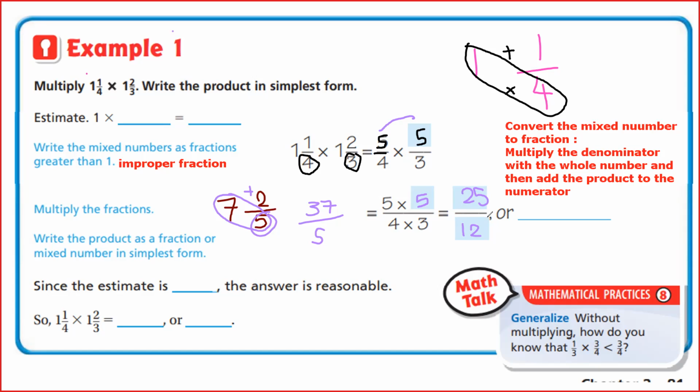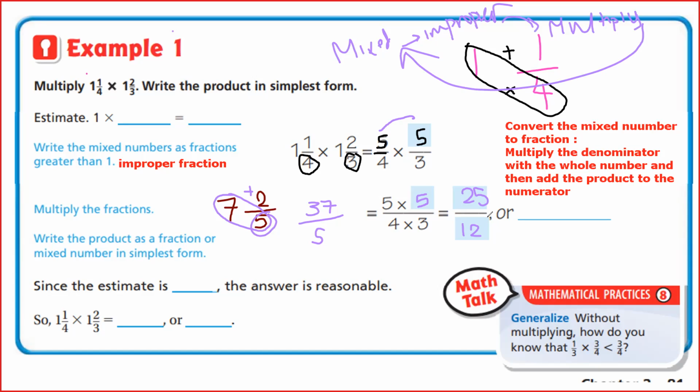At the beginning, it was mixed, I changed it to improper, then I multiply, then I change it back to a mixed number. This is the rule: mixed, I convert it to improper, I multiply it, then after I finish, I have to rewrite it as a mixed number to get it back.